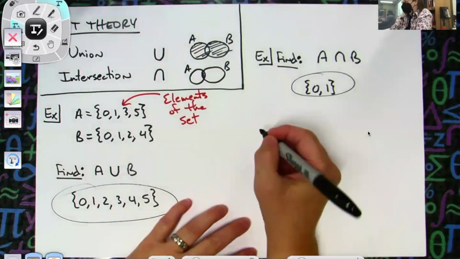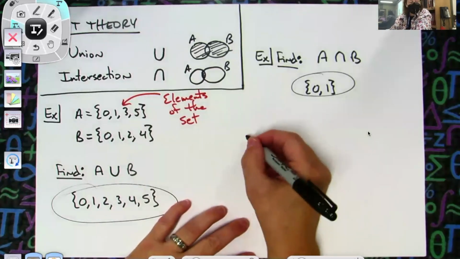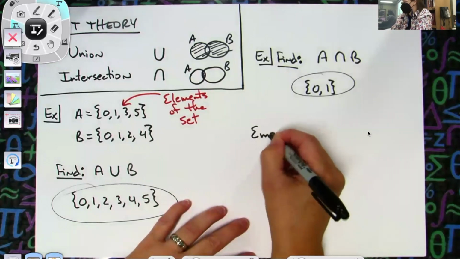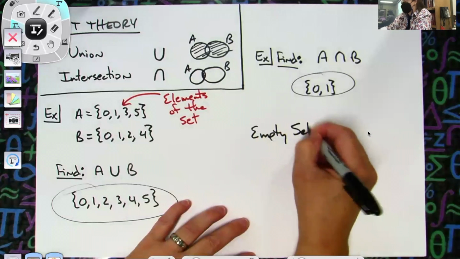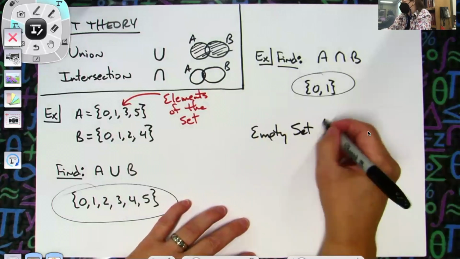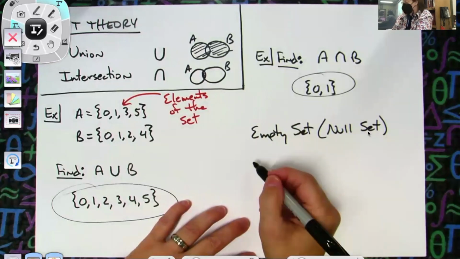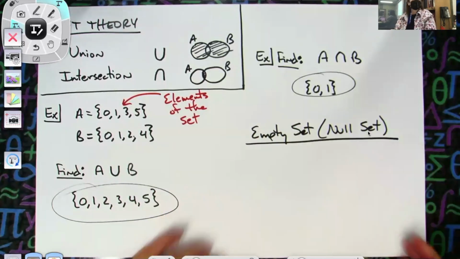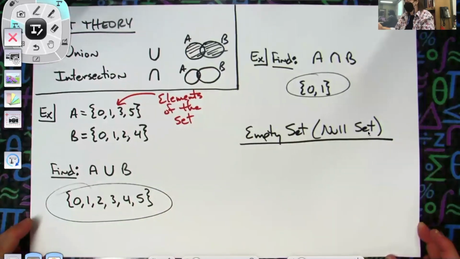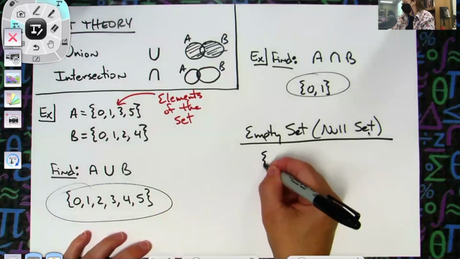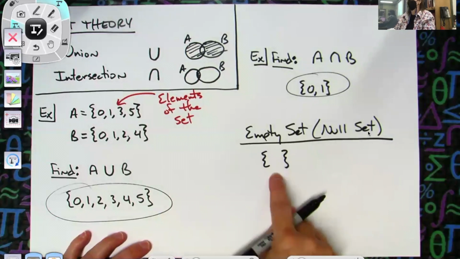You might encounter, let's do some vocab here. You need to know what the empty set is. Okay, there's something called an empty set. It can also be called the null set. Mathematical symbols for that: you could do something as simple as a couple set brackets and not put anything in it.